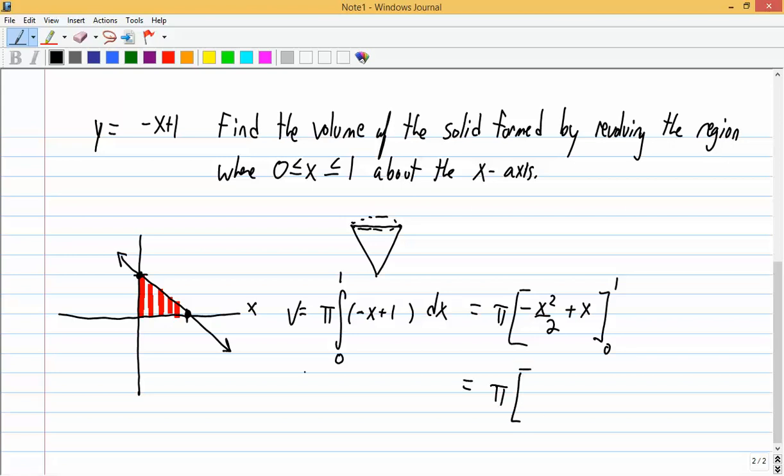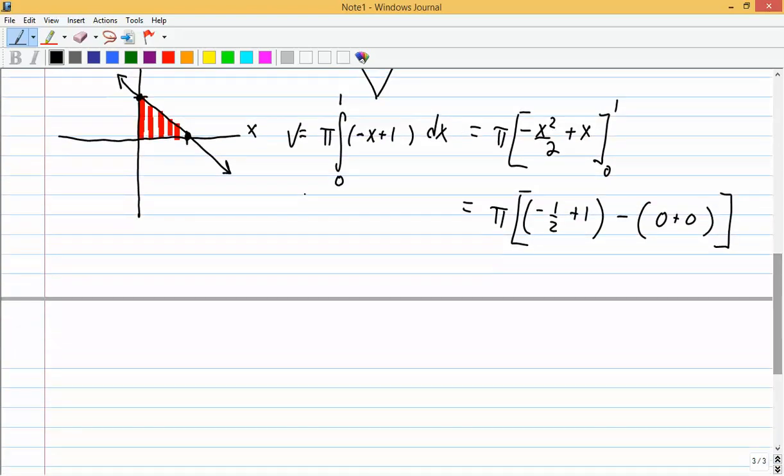So it's pi times negative 1/2 plus 1 minus, plug in the 0, you get 0 plus 0. So that's going to equal negative 1/2 plus 1, which is a positive 1/2. Positive 1/2 minus 0 is a positive 1/2. Times pi, that's 1/2 pi, or pi over 2. So the volume there will be pi over 2.